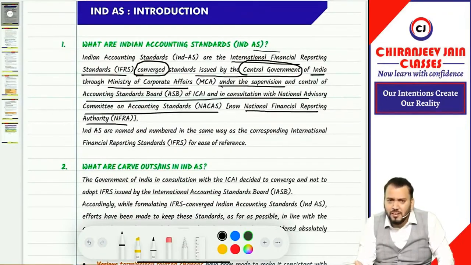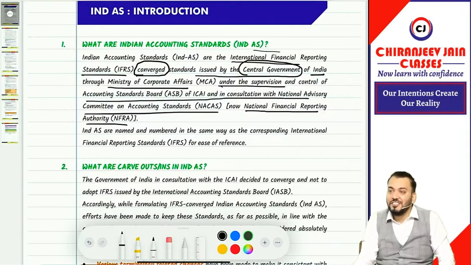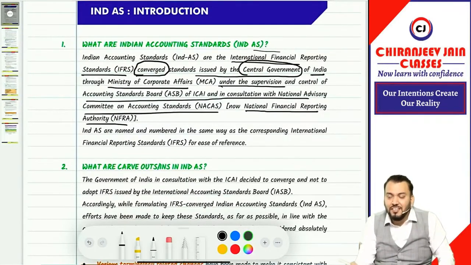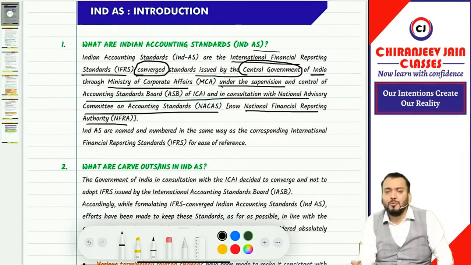You know about NFRA? You don't know about NFRA? Yes or no? No. It means you don't read news. Business news, not entertainment news. So how many of you read newspaper? How many of you listen to business news?